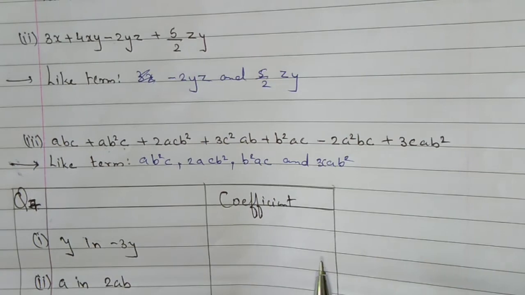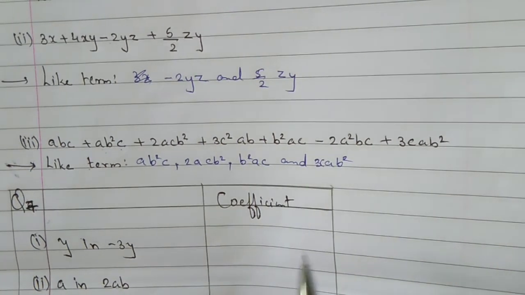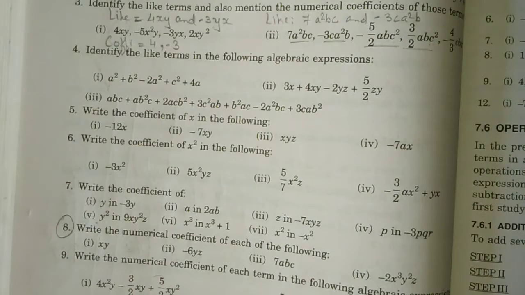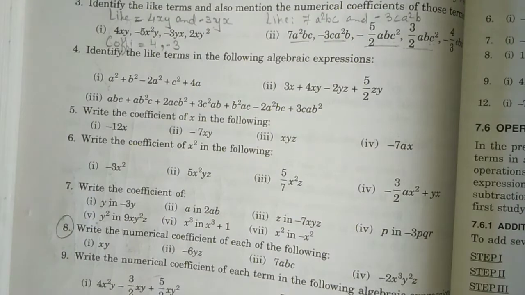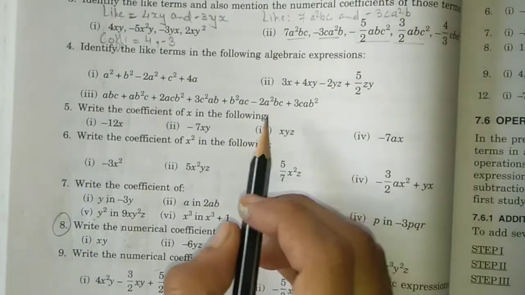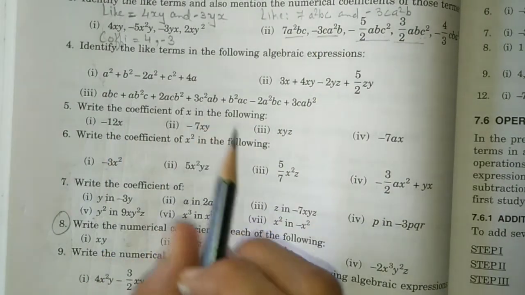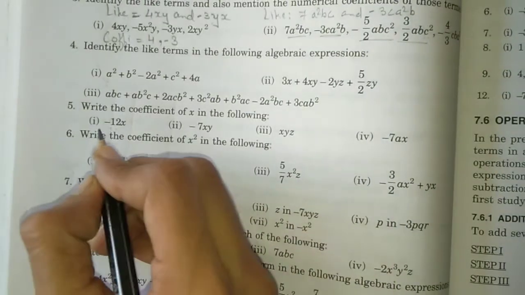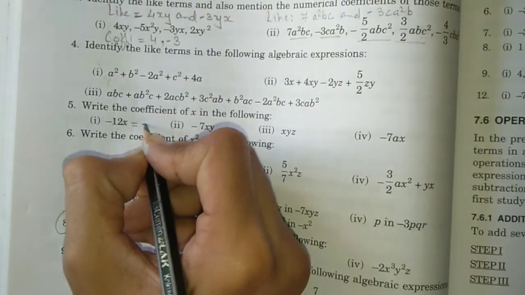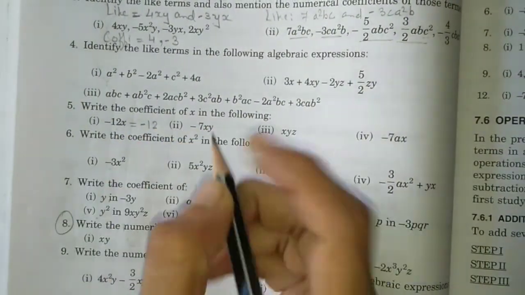Okay, now let us do question number 5. In question number 5, what we have to do is write the coefficient of x in the following. Here we have to find the coefficient of x only. So for minus 12x, minus 12 is the coefficient.